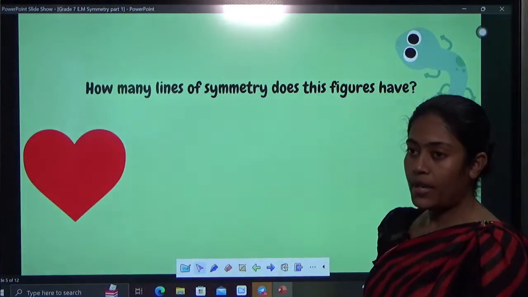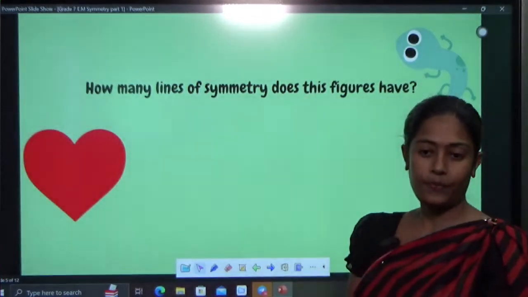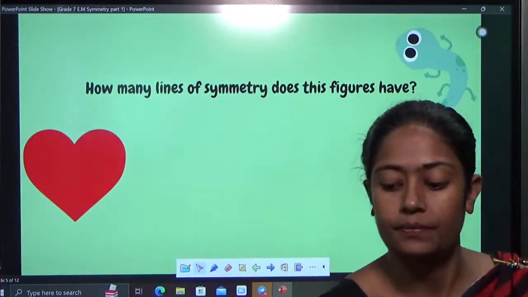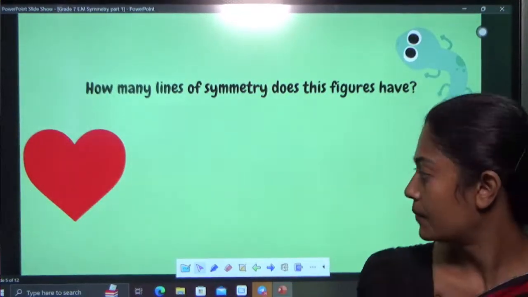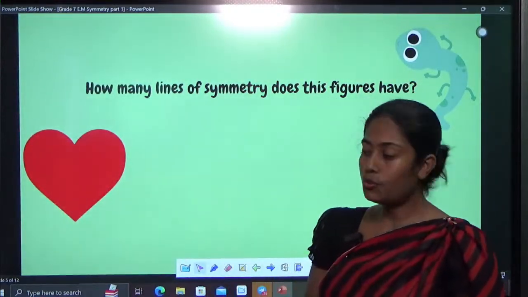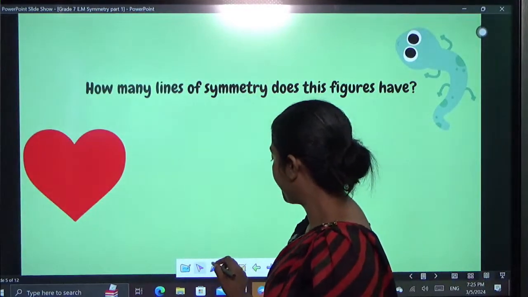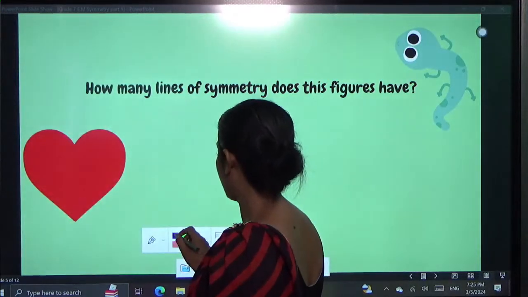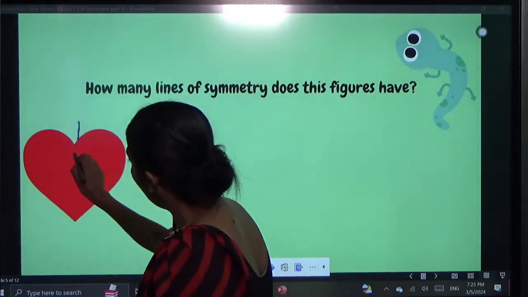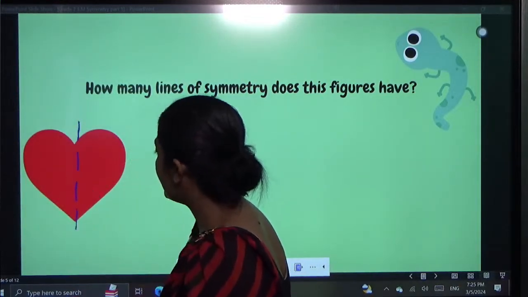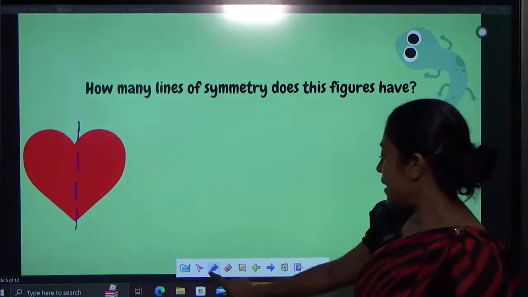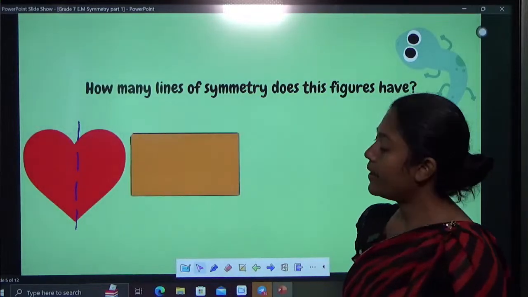So how many symmetrical lines can you draw? Here we can separate this heart shape into only two equal parts, right? Like this way, you can separate this figure into two equal parts. We will see the next figure, right?